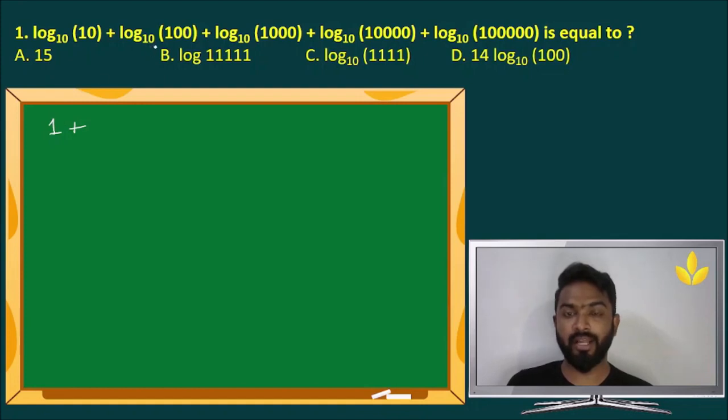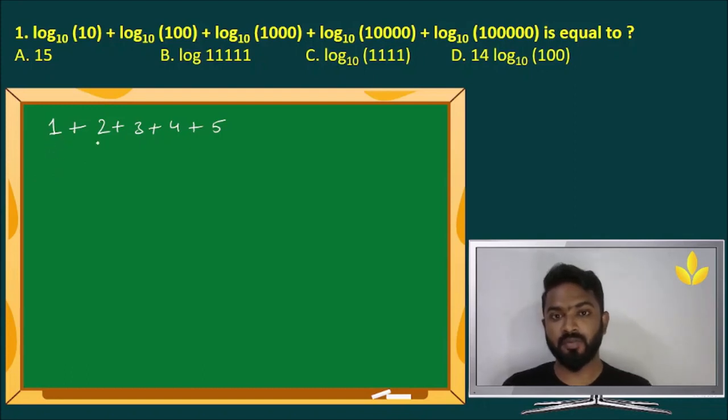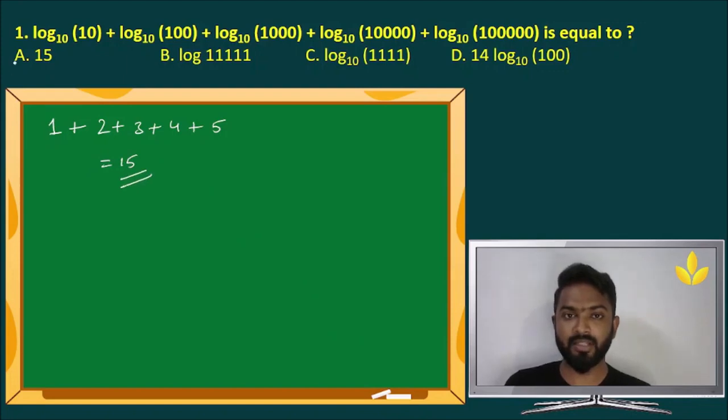Obviously 1. 10 power what equals 100? 2. 10 power what equals 1000? 3. 10 power what equals 10,000? 4. 10 power what equals 1 lakh? 5. So all you have to do is this plus this plus this plus this plus this, that is equal to 15. Answer is A.